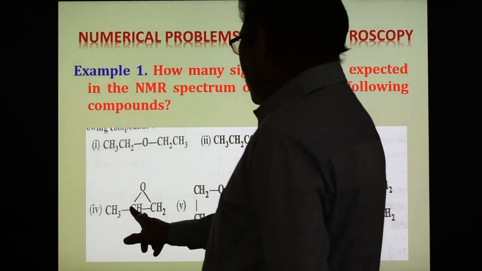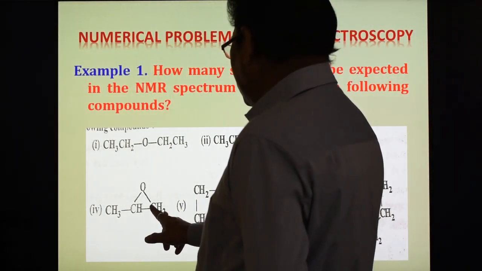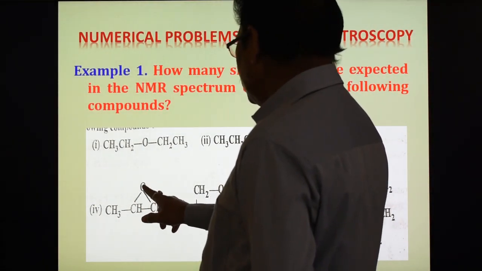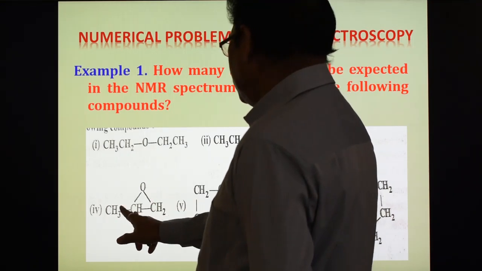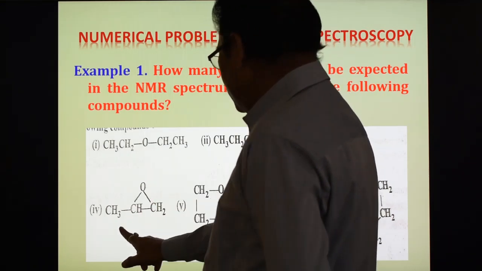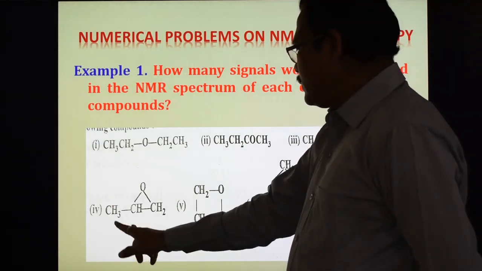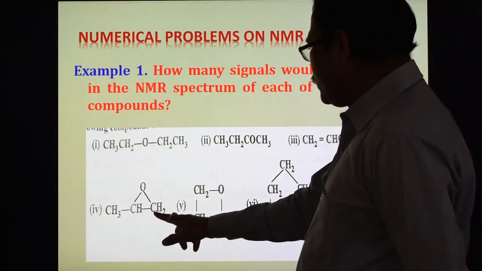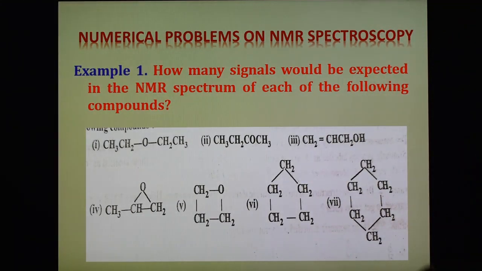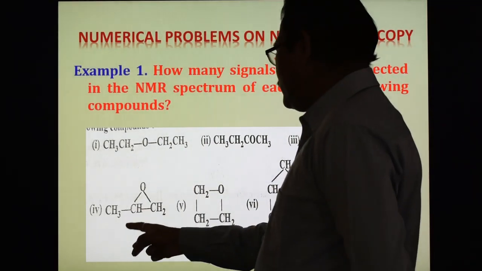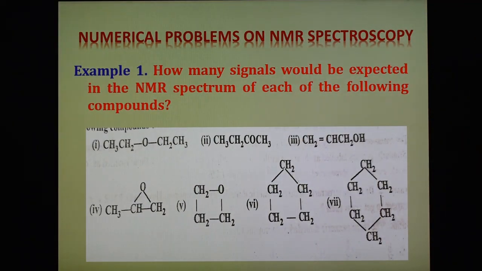This is the carbon, with an oxygen bridge between these 2 carbons. So the CH3 group is here, this carbon and hydrogen is here, so CH3, H, carbon, and here H, H. So in this way 2H here, and the CH3 and H, so in total 4 different types of protons, A, B, C, D, are there, therefore they show 4 NMR signals.